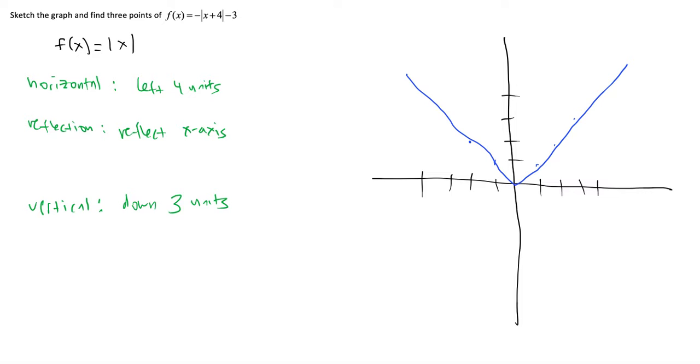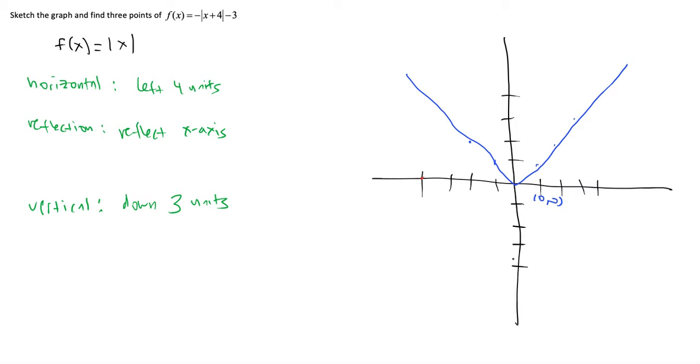So let's go ahead and take a look, right? Let's imagine I'm going to take this point here, right? We know this point is 0, 0, right? But let's do this. Let's move it to the left 4 units. So I'm going to go 1, 2, 3, 4. Right? And then we'll look a little something like this, right? But now we're going to reflect it across the x-axis, which means we go upside down. Okay?